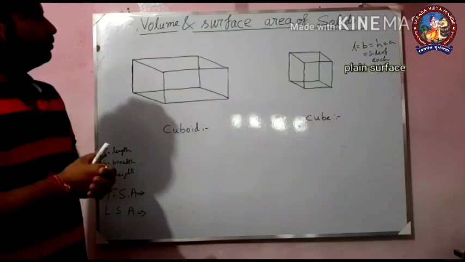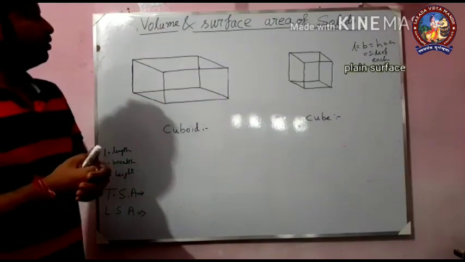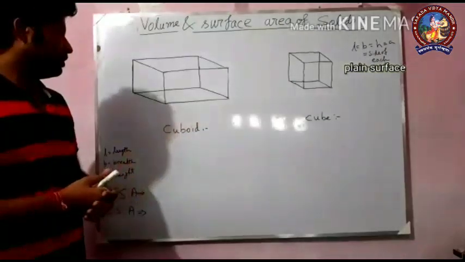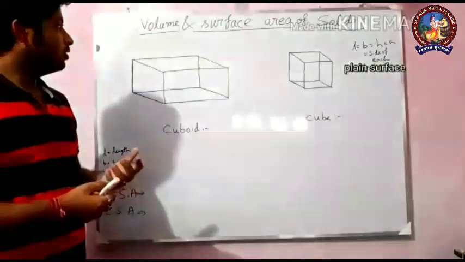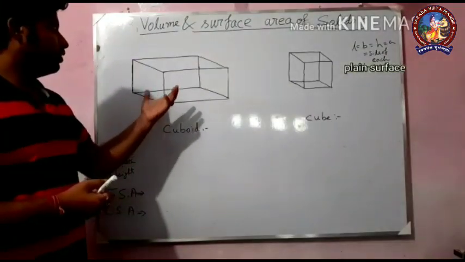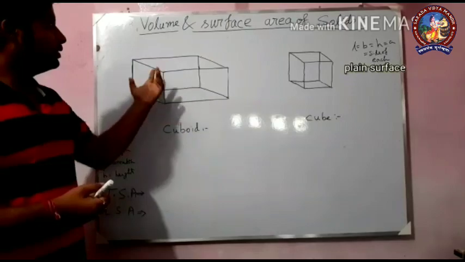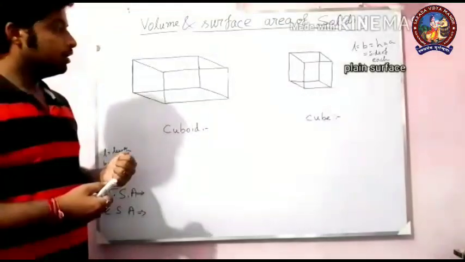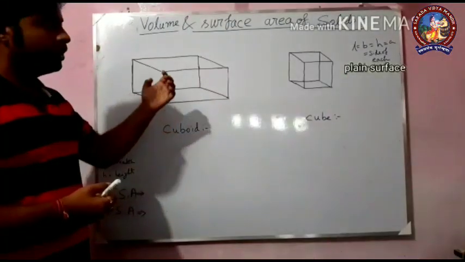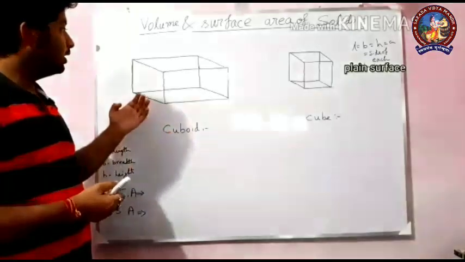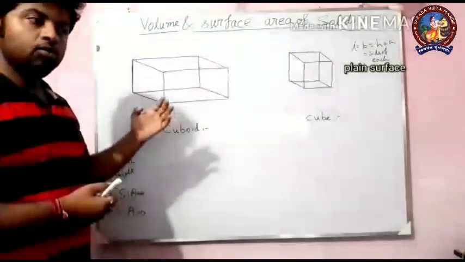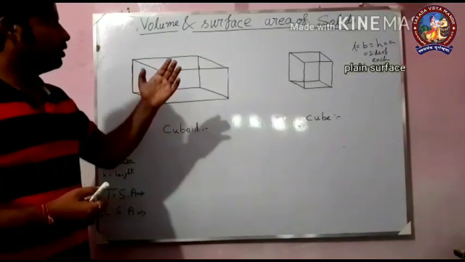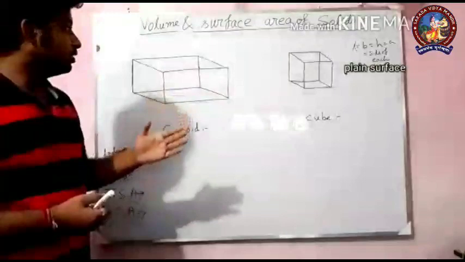Here you are familiar with three-dimensional objects like cuboid and cube from your class 3 or 2, I guess. You know that a cuboid has a total of 6 surfaces and 12 edges, right? In a cuboid, for every surface the length and breadth are not the same, and each surface should be in a rectangular shape.